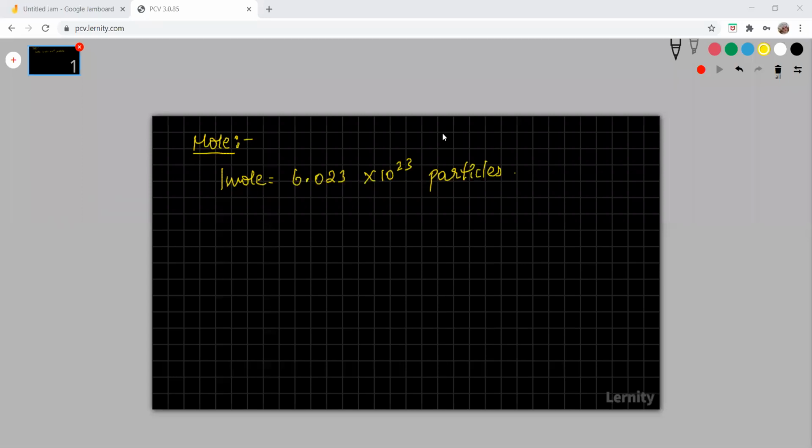1 mole is equal to 6.023 into 10 power 23 particles. Why particularly 6.023 into 10 power 23 particles? That is what we have to see. Just listen here. For example, let me take one atom of carbon. Carbon's atomic number is 6, mass number is 12.